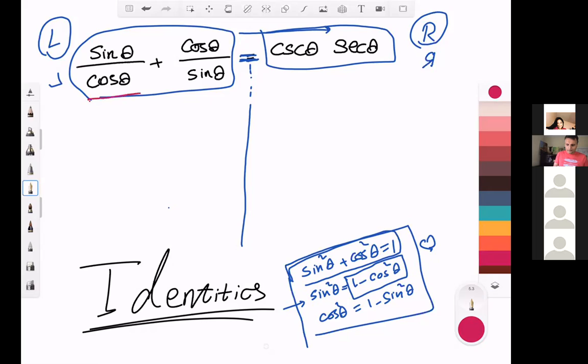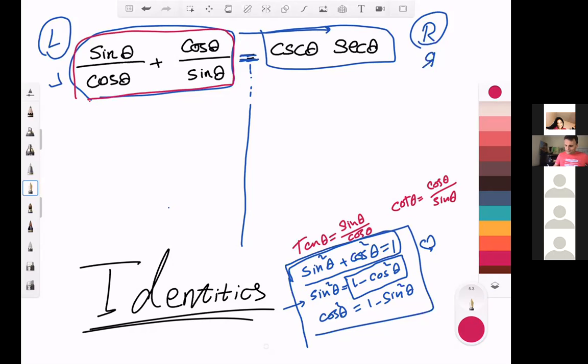We already have sine and cosine. Good. If we had tangent and cotangent, if you had tangent of theta, you should make that sine theta over cosine theta. Or if you have cotangent of theta, you would make it cosine theta over sine theta, correct?